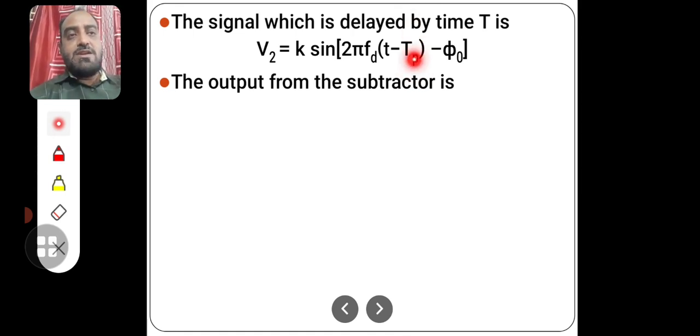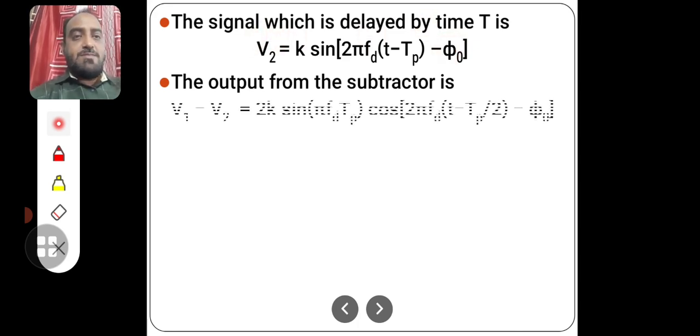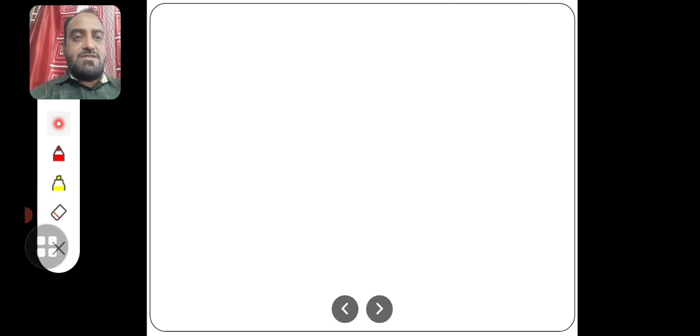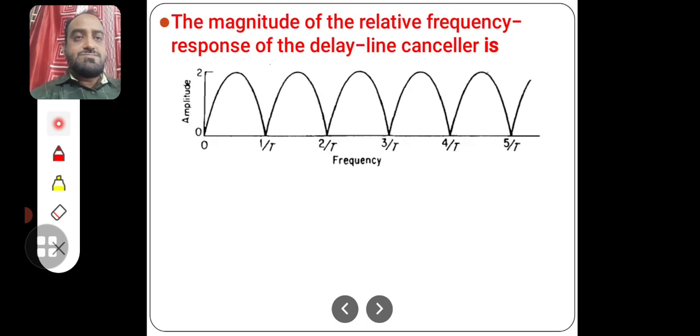So one complete cycle is delayed and plotted. This is the delayed version of the filter characteristics. If you subtract these two, you get V1 minus V2, and the resultant of this equation can be shown like this.